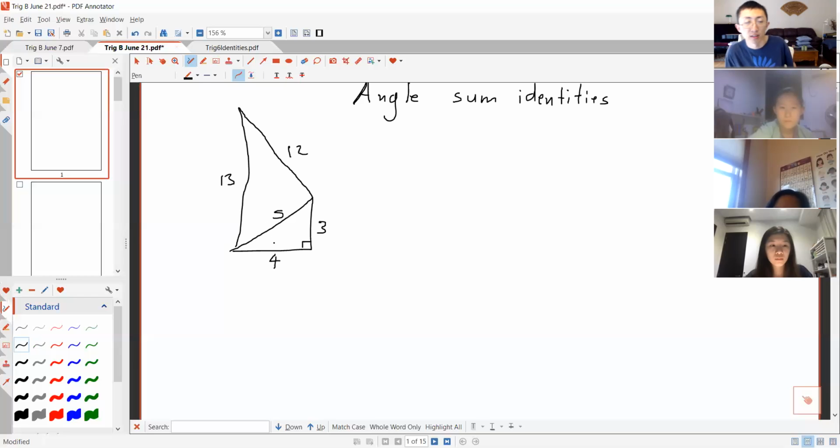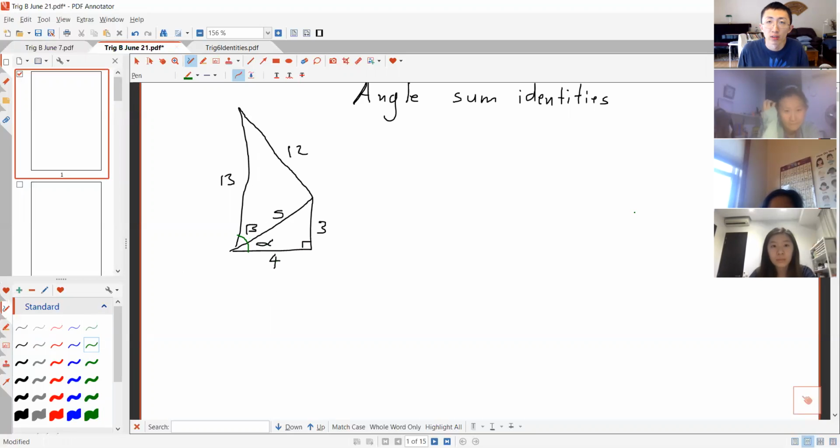Then it makes sense that we know this angle is uniquely determined and this angle is uniquely determined. So it makes sense that we should know the sine of the sum of the two angles and the cosine of the sum of the two angles somehow, right? So yeah, can everyone hear me?